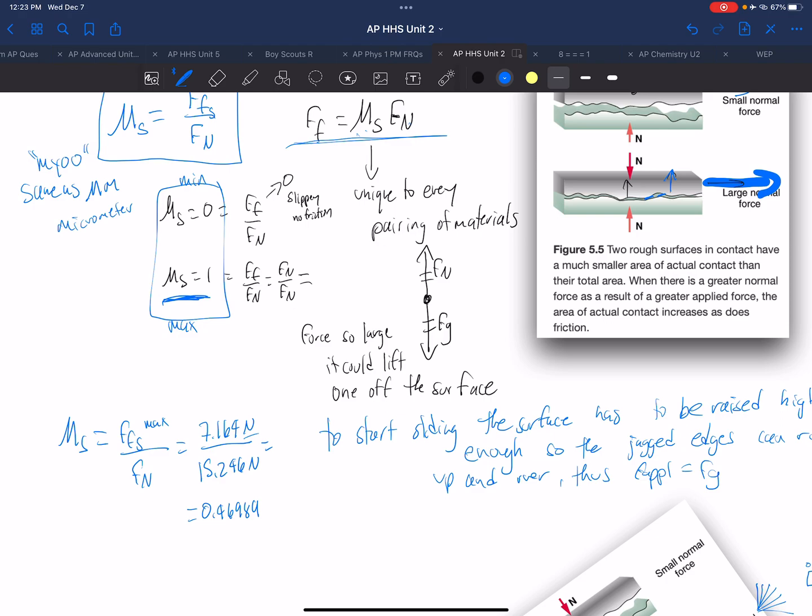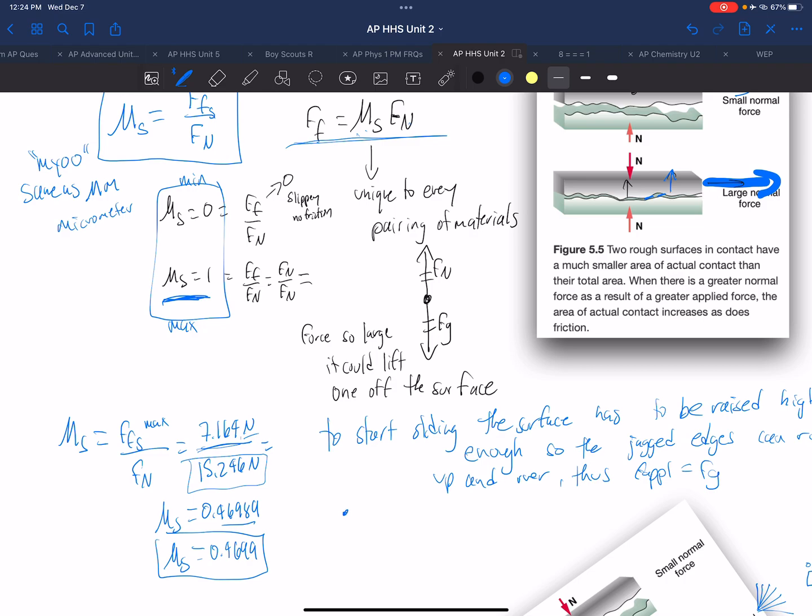And since it's newtons over newtons, there's no units, no dimensions at all. So the mu static would be 0.46989, no units. And then to use the significant digits, we would have 4. So that would be 0.4699 would be the mu static for that particular scenario, where the weight of the crate is 15.246 newtons, and our max force was 7.164.